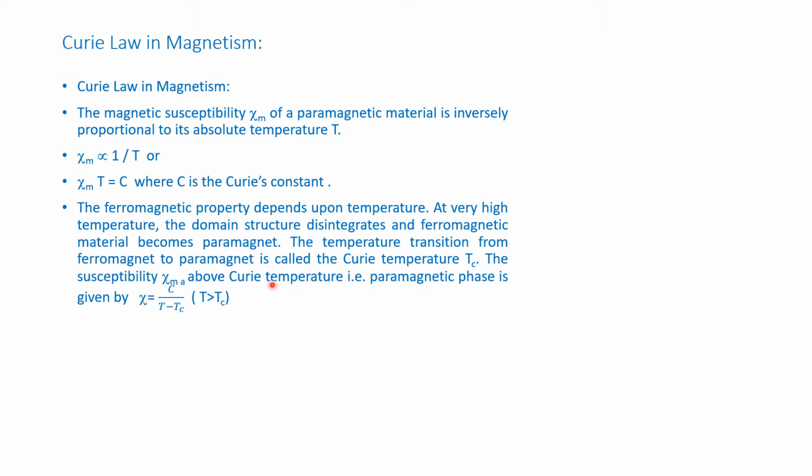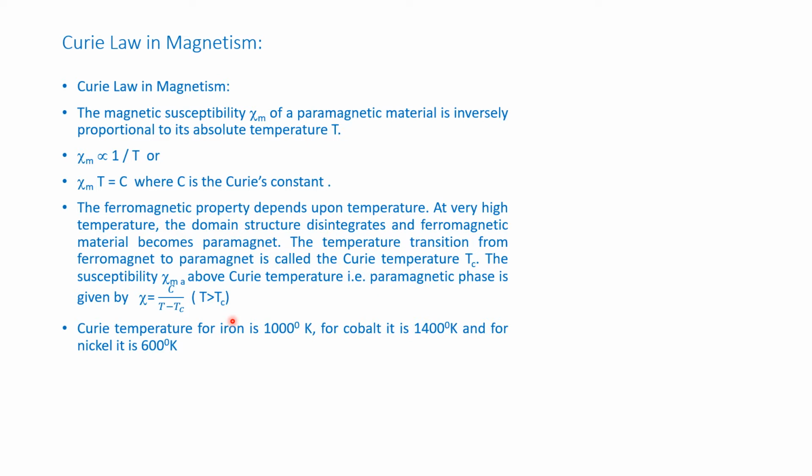The susceptibility Xm above the Curie temperature, that is in the paramagnetic phase, is given by the equation Xm equals C over T minus Tc, where T is greater than Tc. Tc is the Curie temperature at which a ferromagnetic material becomes paramagnetic material.